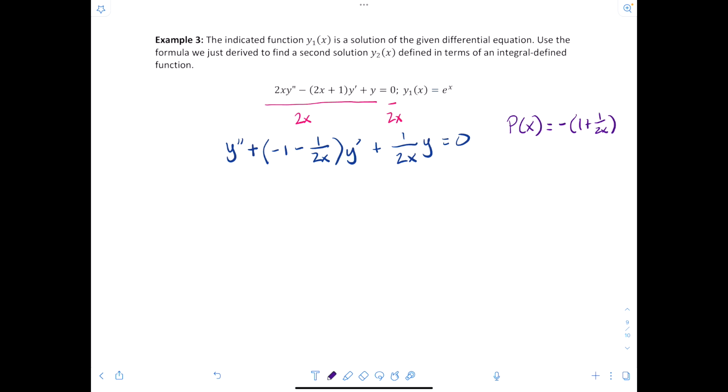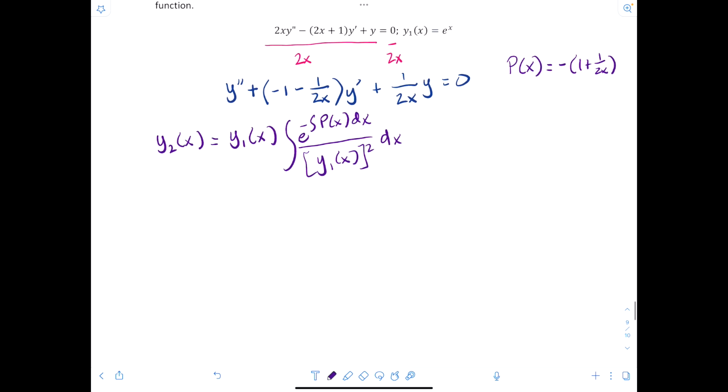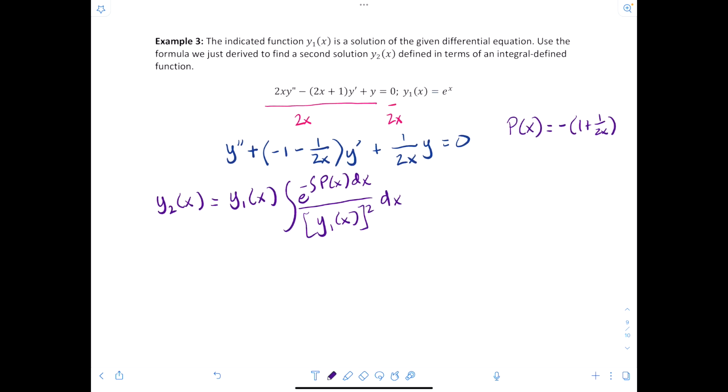And so, using our formula, y2 at x is equal to y1 at x times the integral of e to the negative integral p at x dx divided by y1 at x squared, that quantity squared, dx. So with this one, we know we're defining this in terms of an integral defined function.